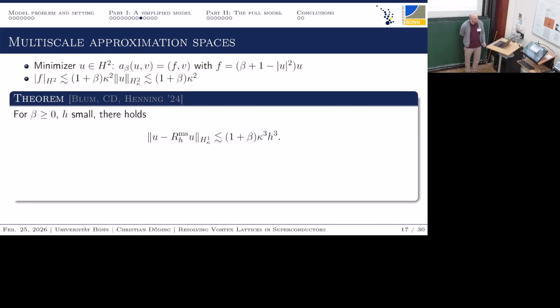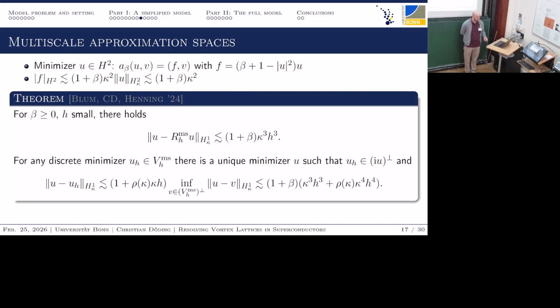So this results in a best approximation estimate in the LOD space with respect to the H1 kappa norm, which is then third order in h, as we expect, but also a cubic scaling in kappa. Yeah, plus this prefactor 1 plus beta. And there you see, okay, why do we want to choose beta as small as possible to make this estimate as good as possible? Yeah, so that's why we were including the case beta equal to 0.